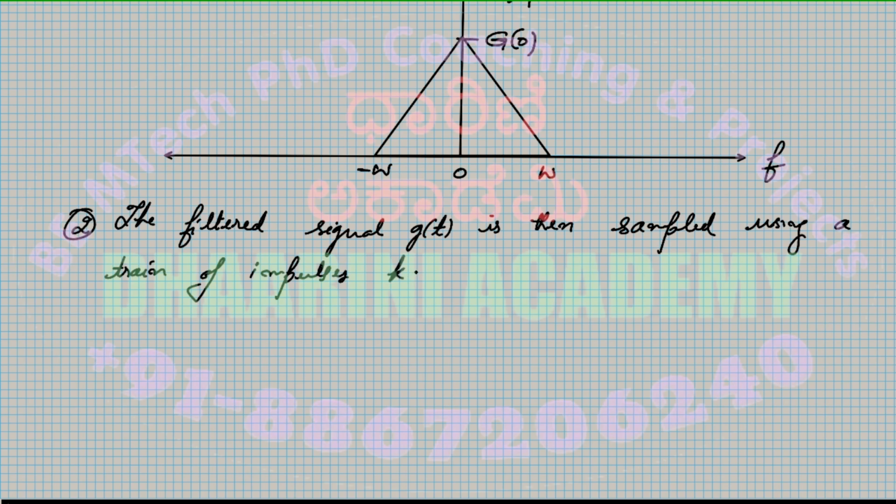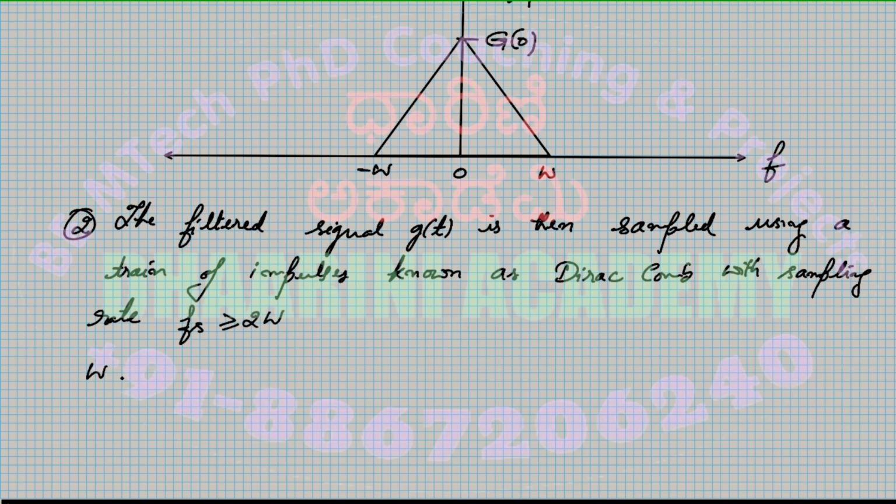So there is a name for it, that is known as the Dirac comb function, right? With sampling rate. What's the sampling rate? We denote it as Fs greater than or equal to 2W.